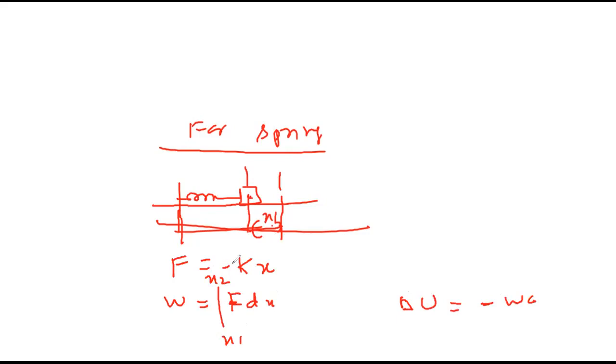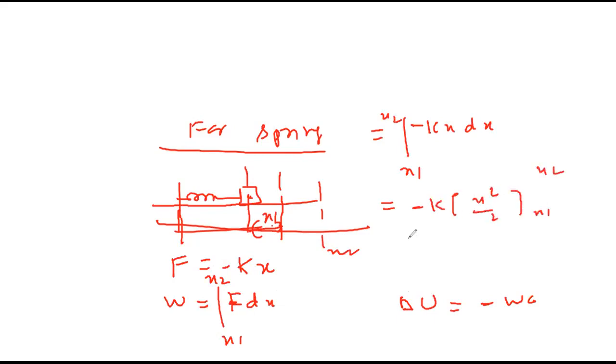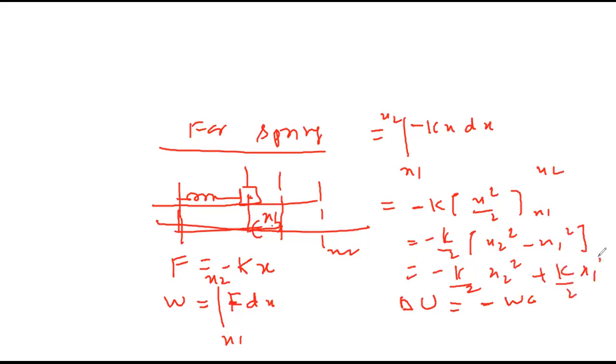I will do that later; for now let me just find the work done from the force. So this will be equal to minus kx dx from length x1 to any other position x2, which will become minus k x squared by 2 from x1 to x2, which is minus k by 2 into x2 square minus x1 square, that is minus k by 2 x2 square plus k by 2 x1 square.